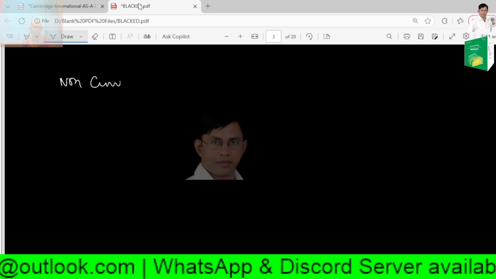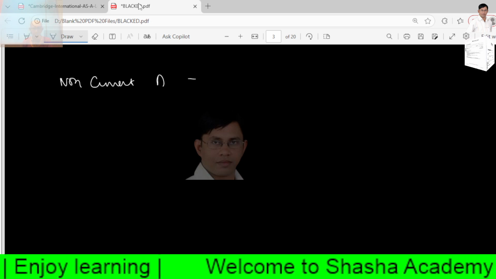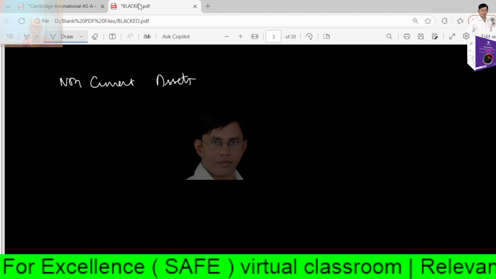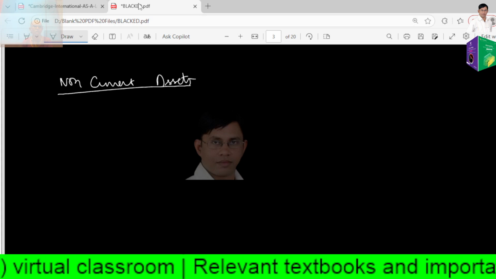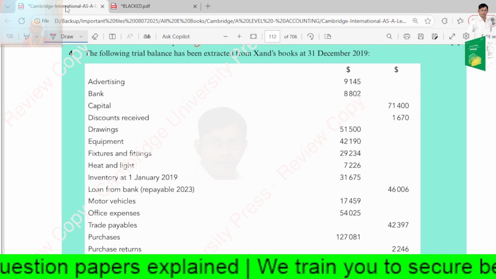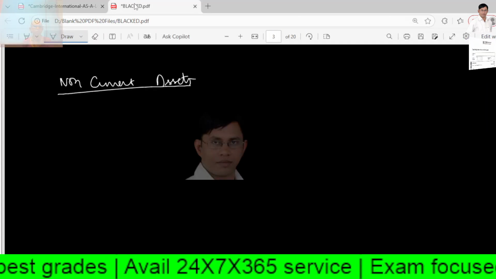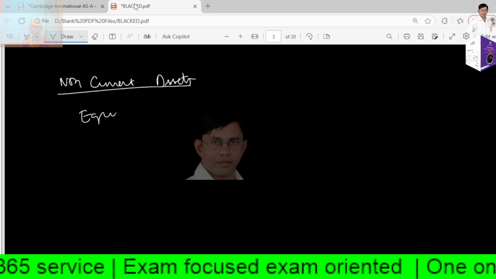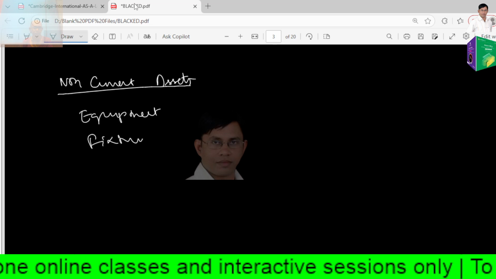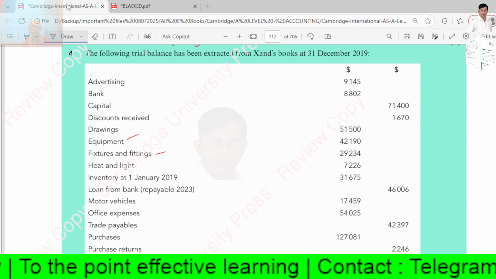So non-current assets. What are non-current assets? Equipment, fixtures. How much is equipment? Equipment is 42,190.